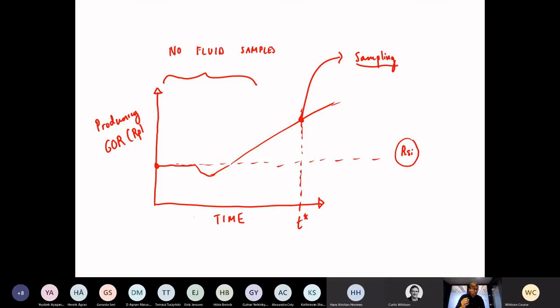One simple option, which is what most PVT laboratories would do by default, at least if they don't know about the ECM method, is that they would take the separator oil and the separator gas sampled at this point in time, but instead of recombining at the producing GOR, they would recombine these at the initial producing GOR, so that was close to Rsi.